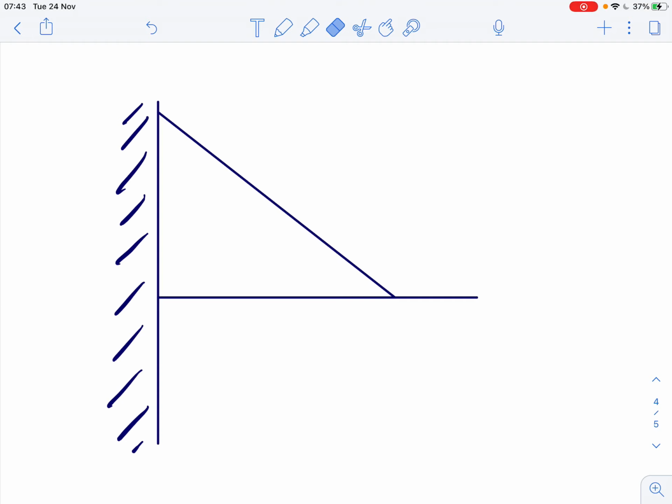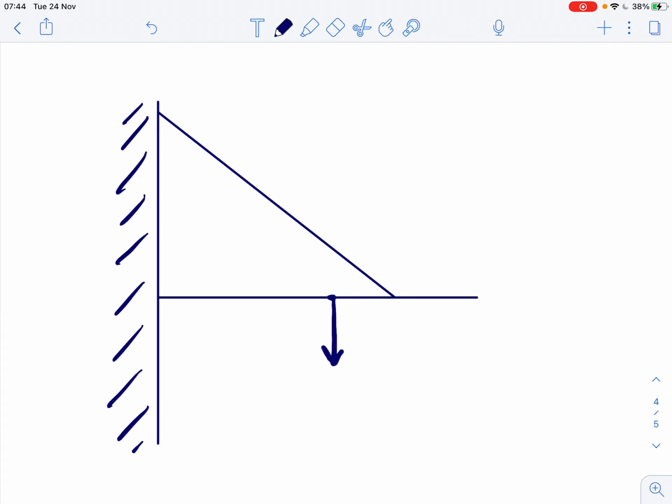Okay, now if we think about what's going on in these models, we will have the mass of this coming down. So the tension in this rope at this point, there must be some sort of force holding it up.